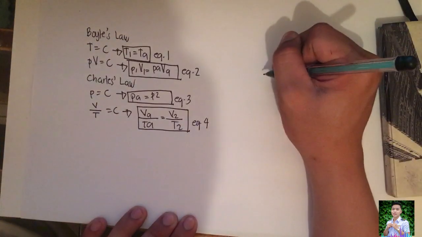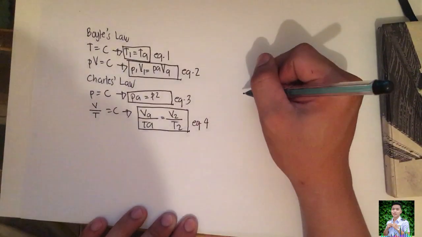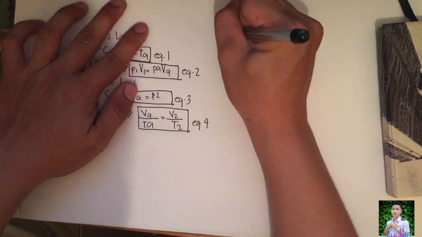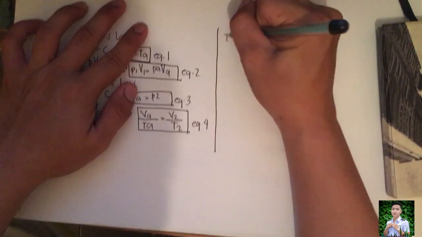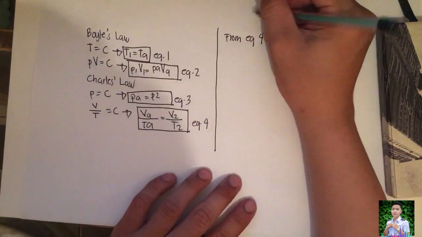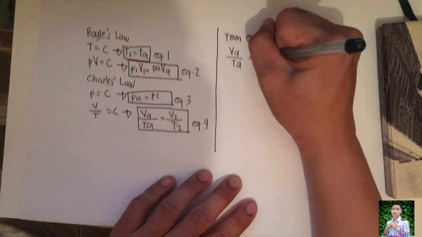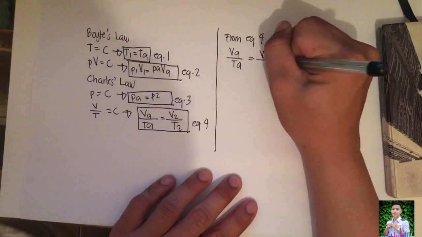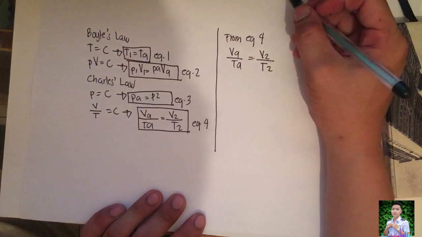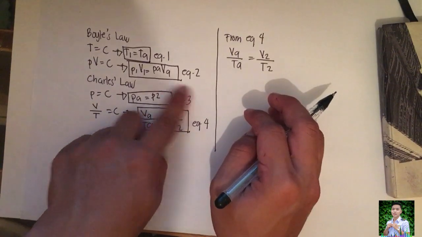In equation 4, let us use the value of VA in equation number 2. So, from equation 4, VA over TA is equal to V2 over T2. Gamito nato ang value sa VA gamit ang equation 2 here.